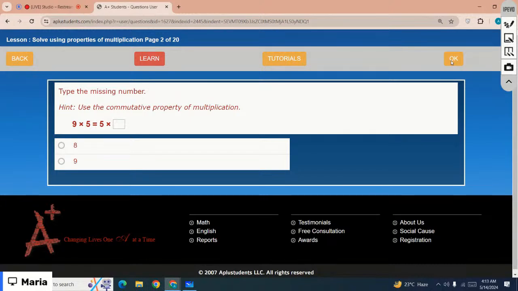The correct option is 5 times 9. 9 is missing. Very good.